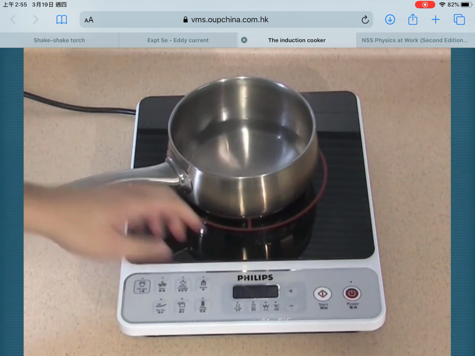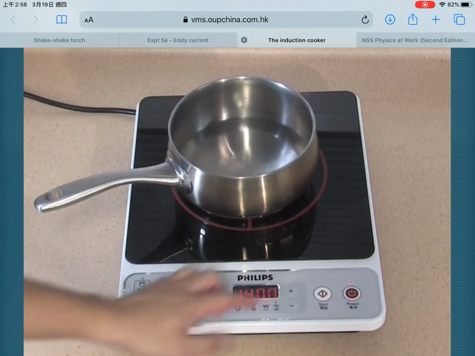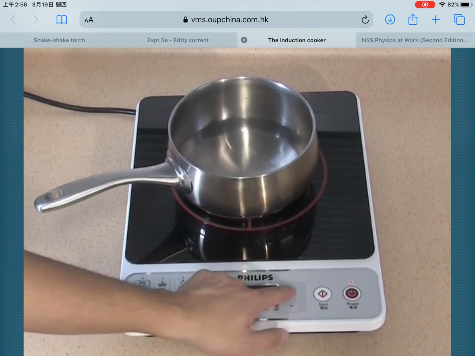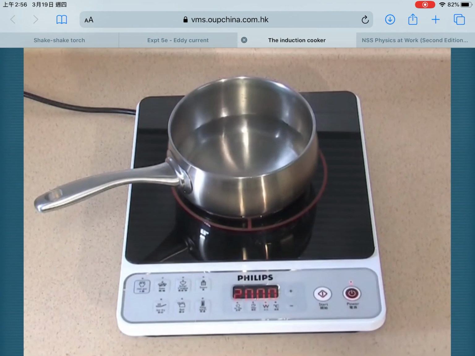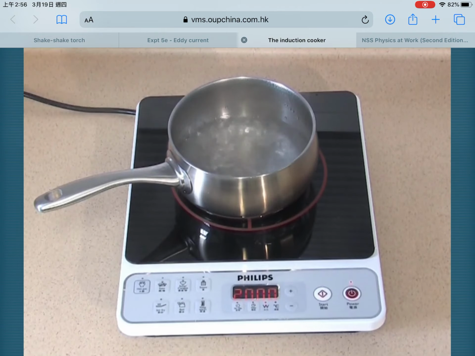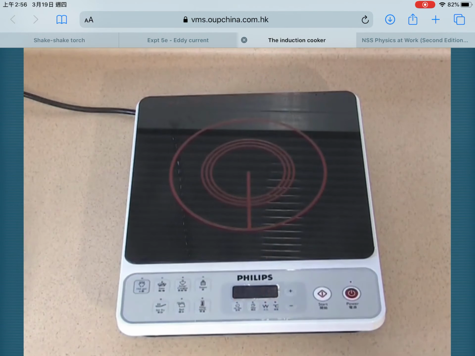The induction cooker heats up the metal pot without any flame. It merely uses the heating effect of the current. Metal cookware should be used for an induction cooker. If a glass beaker is used instead, the water will not be heated. Why?